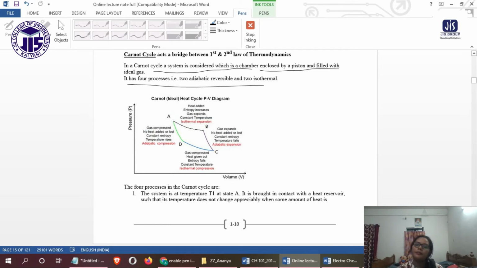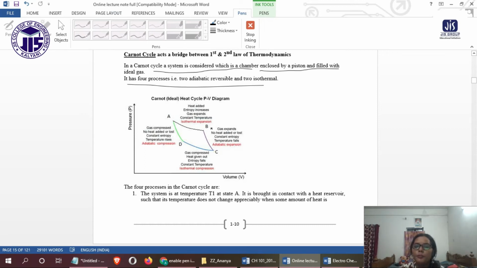From B to C we have the adiabatic expansion. From C to D, that is the isothermal compression, and again D to A we have the adiabatic compression. So this is all about the Carnot cycle, okay.